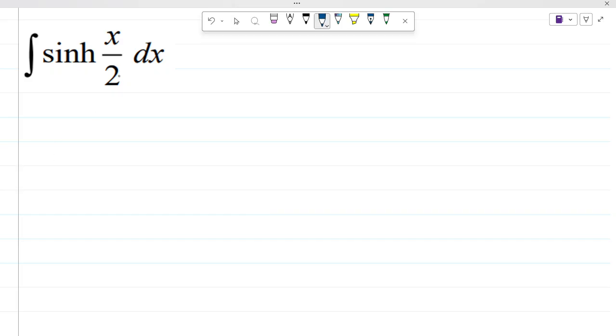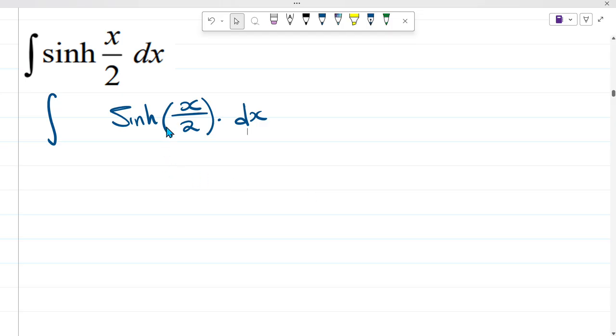All right, so what are we supposed to do? We just need to first make sure that next to this hyperbolic sine, we have the derivative of the argument. So we're going to rewrite this nicely and say this is hyperbolic sine of x over 2 dx.